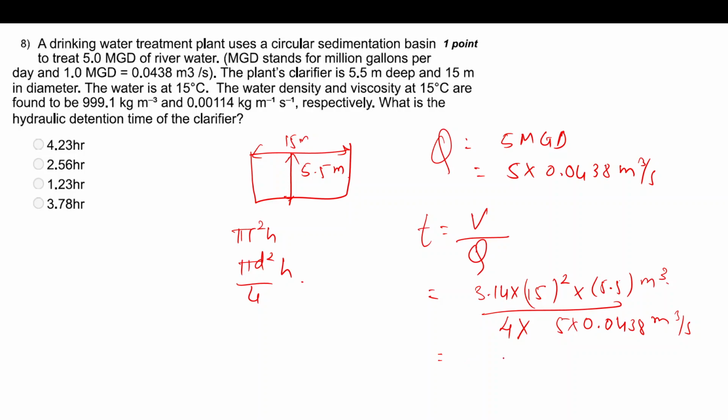So the time, whatever it comes out, will be in seconds. Can you calculate that? And you can see that the options are in hours. So to get it in hours, you need to divide whatever seconds you get by 3600 seconds per hour. That will be the time in hours.